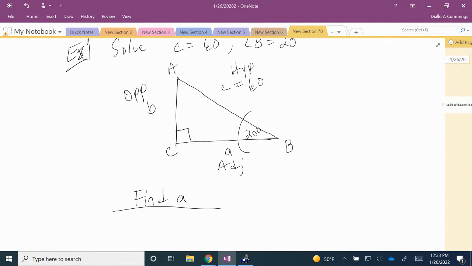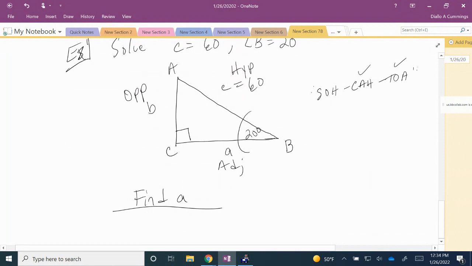Now, in order to find A, remember Chief Sohcahtoa, we're trying to find the adjacent. So let me just write that out again. We have to find the adjacent. There's two formulas that use the adjacent.